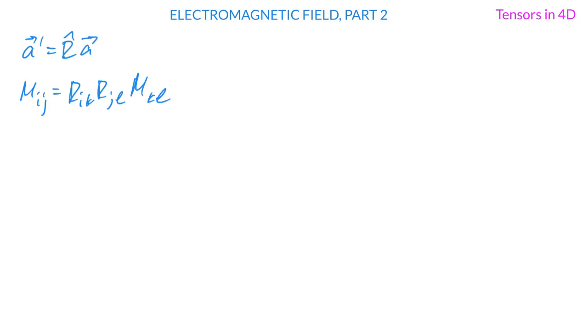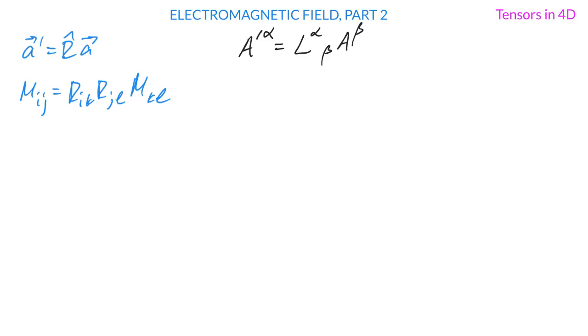In Minkowski spacetime, the role of the transformation matrices, which were R in Euclidean 3D, is played by the Lorentz matrices L, which we just discussed. So we have a transformation for 4 vectors given by matrices L.